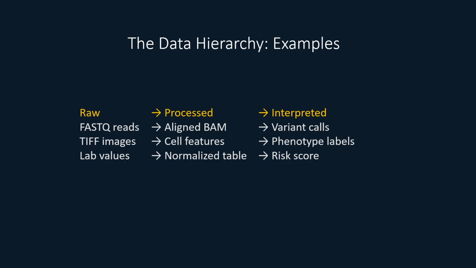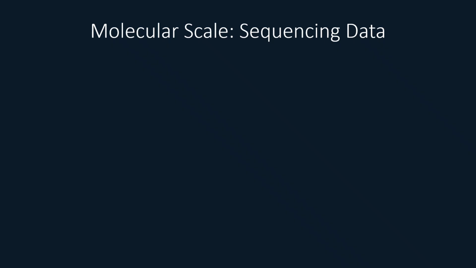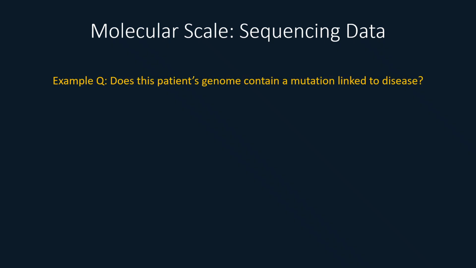Let's see a sequencing data example. At the molecular scale, the question is maybe a simple one: does this patient's genome contain a mutation linked to a disease? To answer that, biologists collect cells, isolate DNA, and prepare sequencing libraries, which are then run on a sequencer.